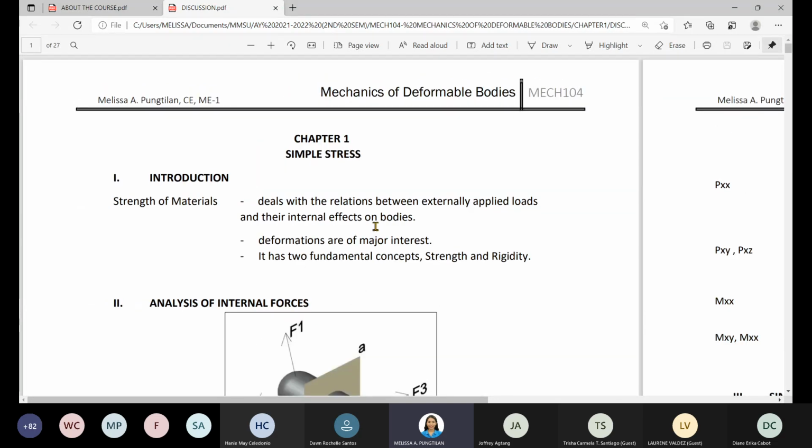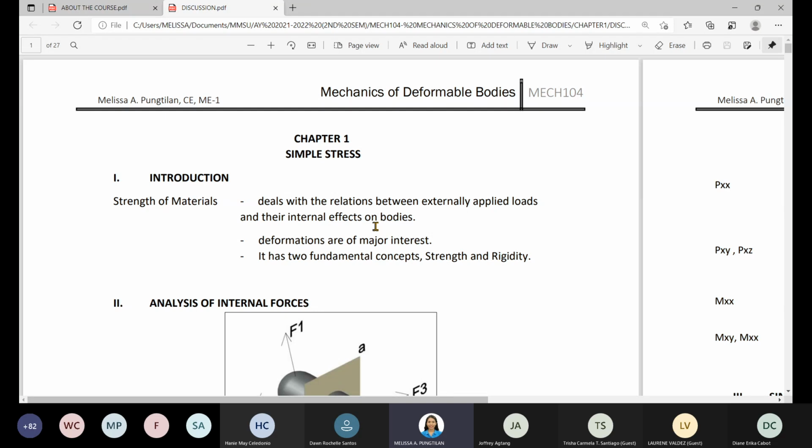Okay. So, chapter 1 is all about simple stress. Pero bago yan, gusto ko munang i-introduce sa inyo yung strength of materials. So, sa engineering mechanics natin, meron tayong 3 fundamental areas. Ito yung statics, dynamics, and strength of materials.